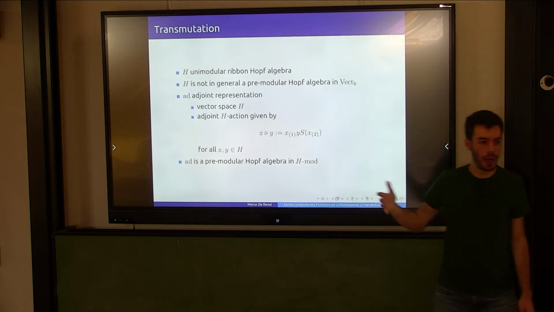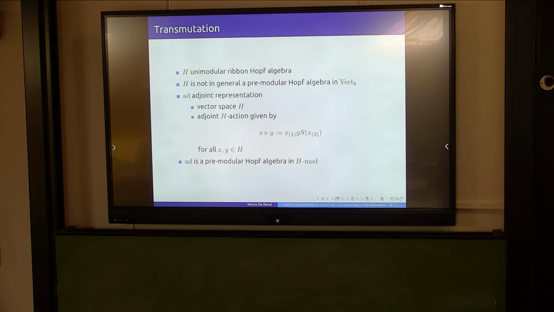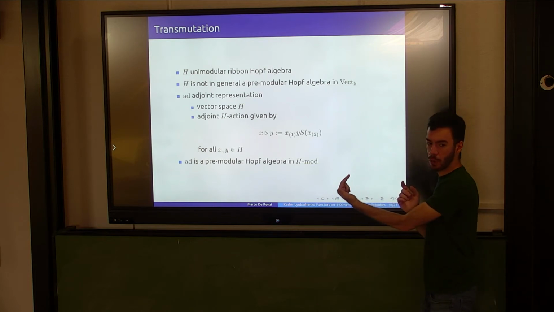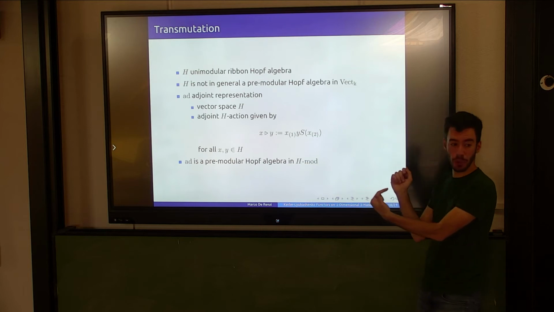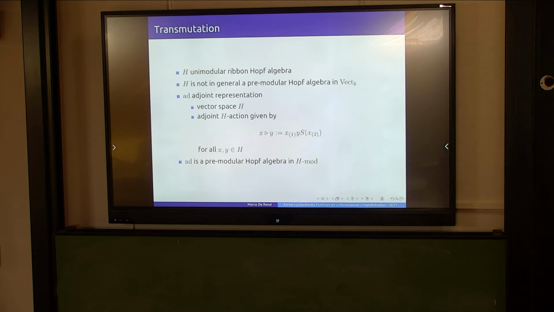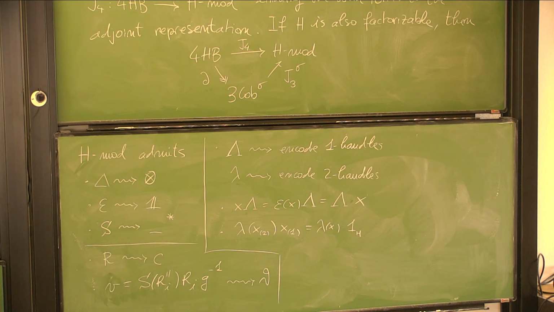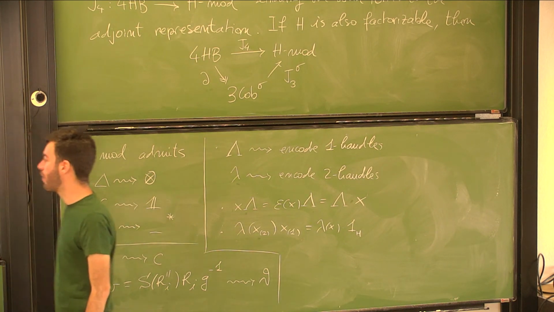So it's kind of a Hopf algebraic analog of the adjoint representation in group theory. So you do first the coproduct, you act with the left component on the left, and with the antipode of the right component on the right. This gives a well-defined structure of a representation on H itself, and as it turns out, the adjoint representation is a pre-modular Hopf algebra in H modules.